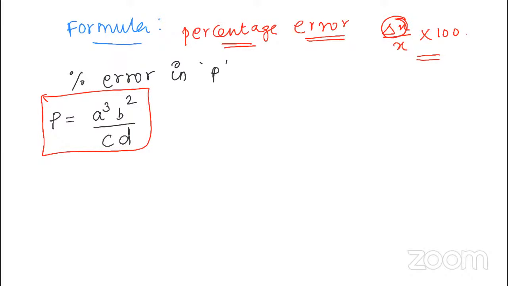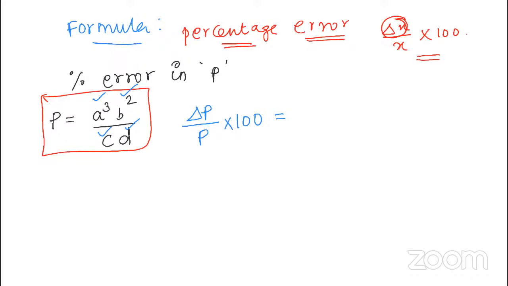So we are writing the differentiation values, that is del P by P into 100, which should be equal to... Okay. So now differentiate each of these values: A cube value, B square value, CD values. Keep in mind that here error values தான் calculate பண்ண போறோம்.